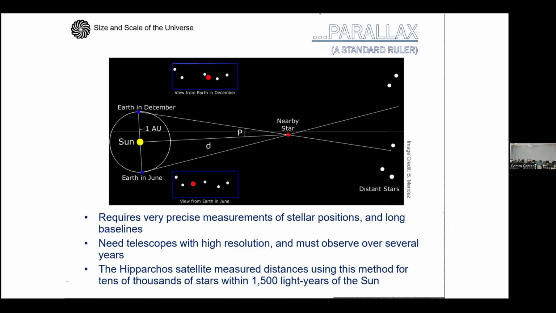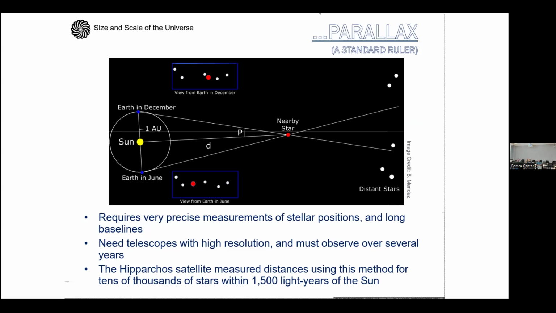Because we take a measurement in the spring or the summer and then take another measurement in the winter when we're on the opposite side of the sun. But the longest baseline we can get by doing that is 186 million miles.